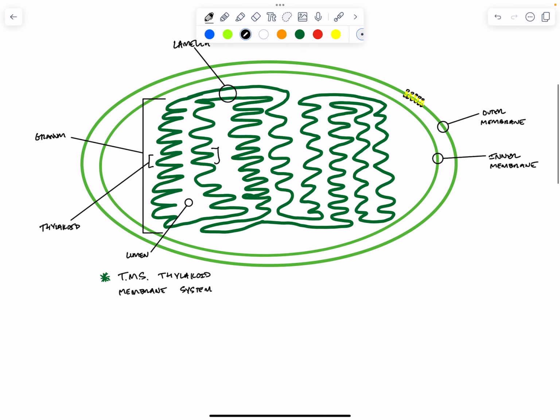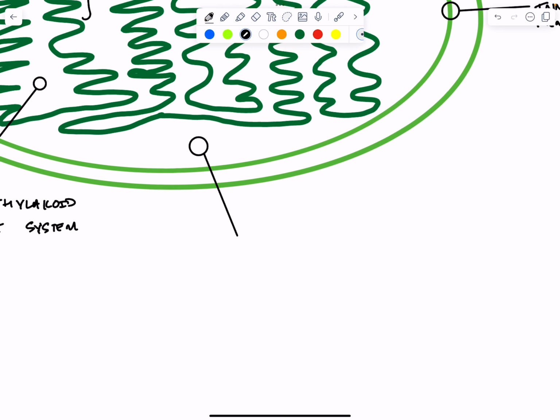The last piece that we haven't talked about is the space between the inner membrane and the thylakoid membrane system, right here. This is called the stroma.